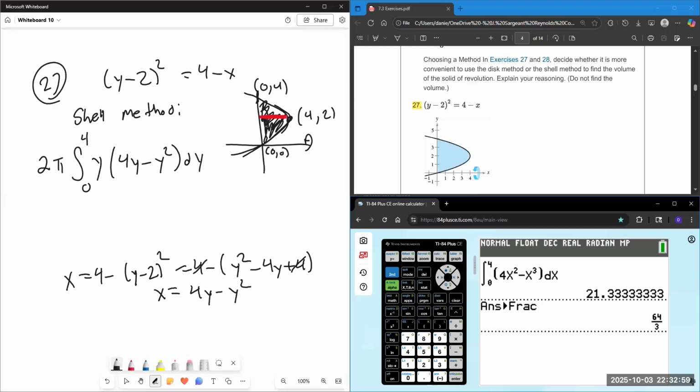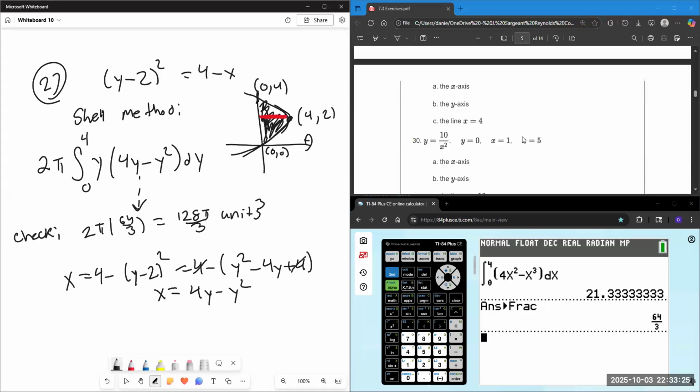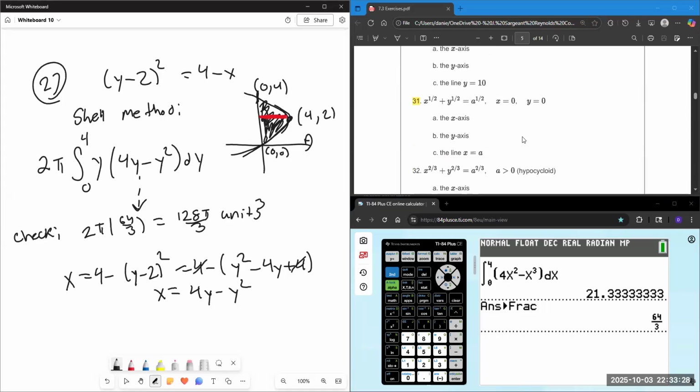This will be 2 pi times 64 over 3, which is 128 pi over 3 cubic units for my answer. That's just for you to be able to check yourself later if you want to keep working on this. So the goal was just for setup, not to get to the answer. All right, let's continue with number 31.